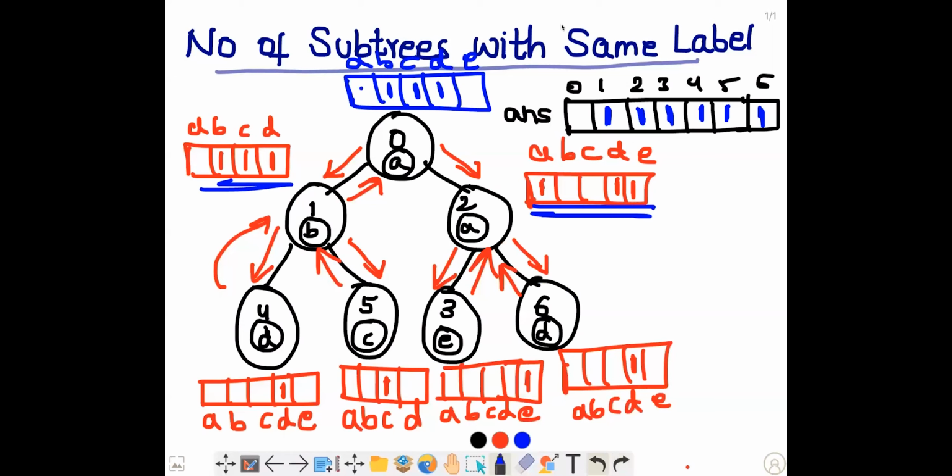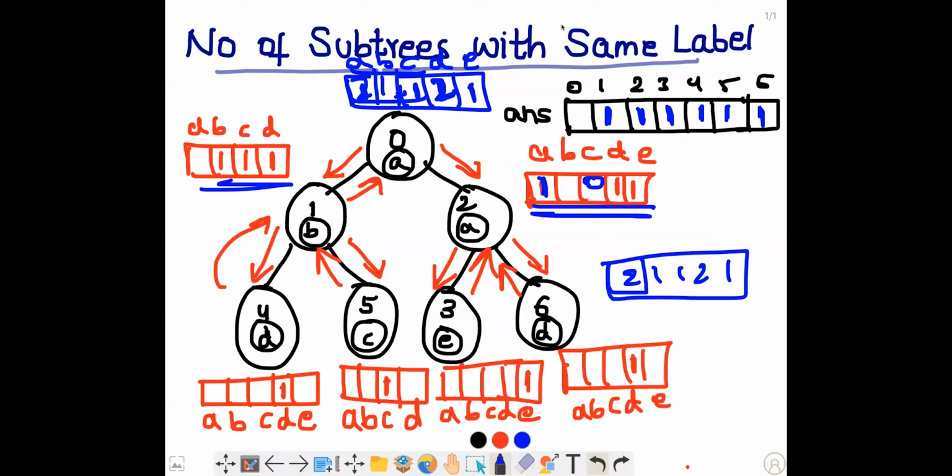So for A we have 1, for B we have 1, so B will become 2 now, and for C we have 0 over here, and for D we have 1, so D will again become 2, and E will become 1. So number of A's present in, wait, for A also we have 1 here, right? So we have to update A. For B we don't have anything, so B will be 1. This will be 2, this will be 1. 2, 1, 2, 1, 1, 2, 1.